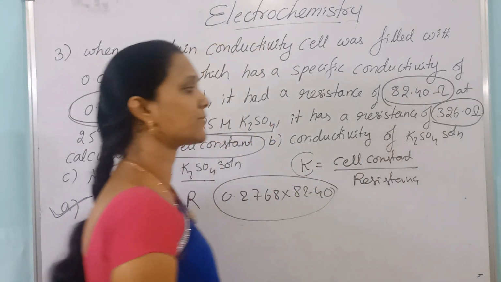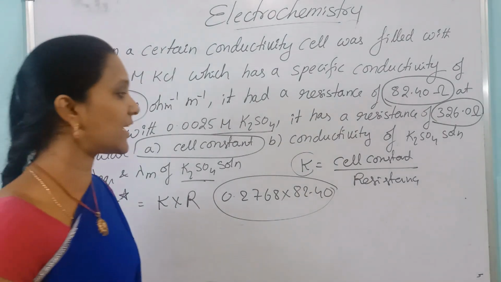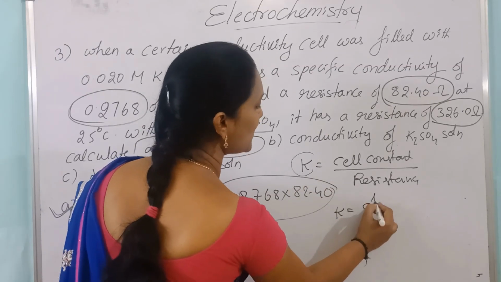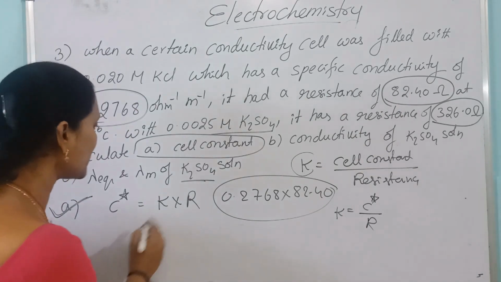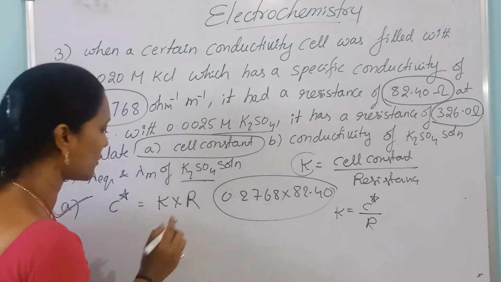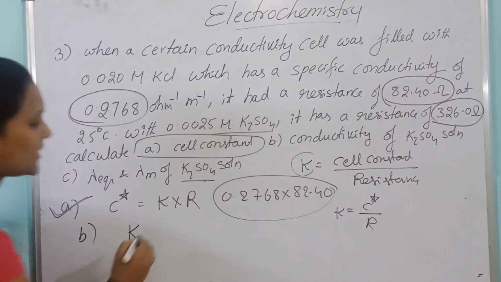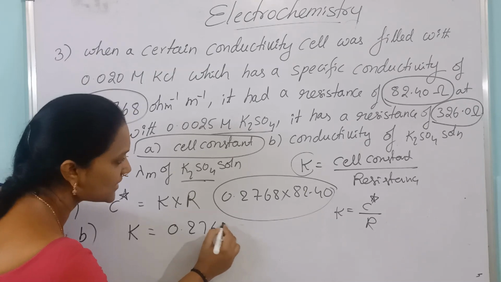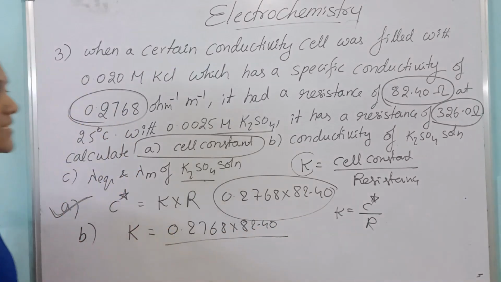Conductivity of the K2SO4 solution, nothing but specific conductance. So what are they asking again? K is equal to cell constant by R. K they are asking. Cell constant, how much? We got the cell constant already. So K is equal to 0.2768 into 82.40 by the resistance.